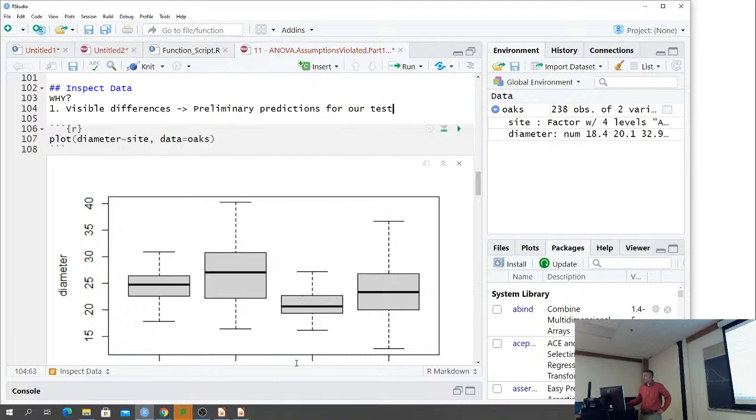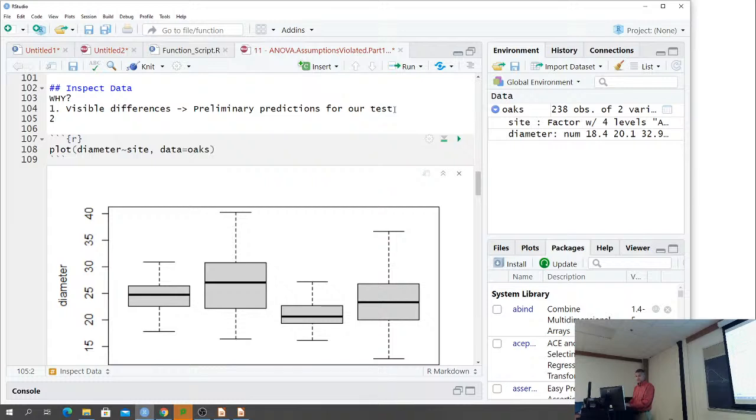And when they don't overlap, we're going to probably get a significant p-value. If a box overlaps the median of another group, then there's probably no difference. So I don't expect a difference between these. Questionable between this one and this one, but I think this one is not going to be different. So we get preliminary predictions for our test.